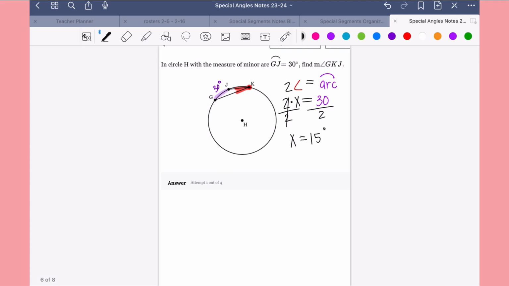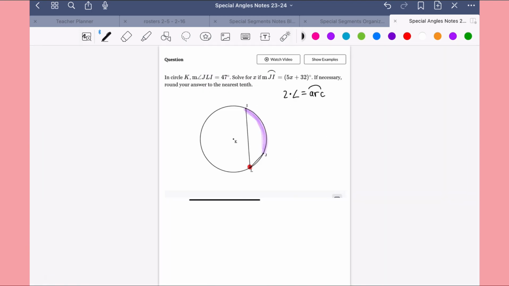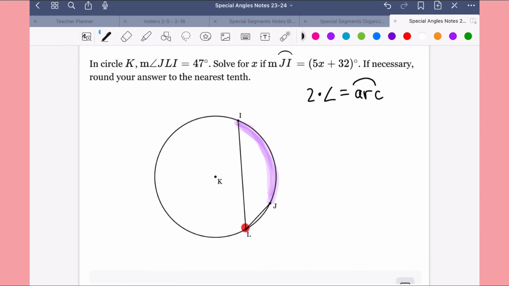So let's set up our equation. So if my angle is here, they said my angle is 47 degrees, and my arc JI is 5x plus 32. Okay, so now I'm just going to take those values, put it in the equation. 2 times your angle.